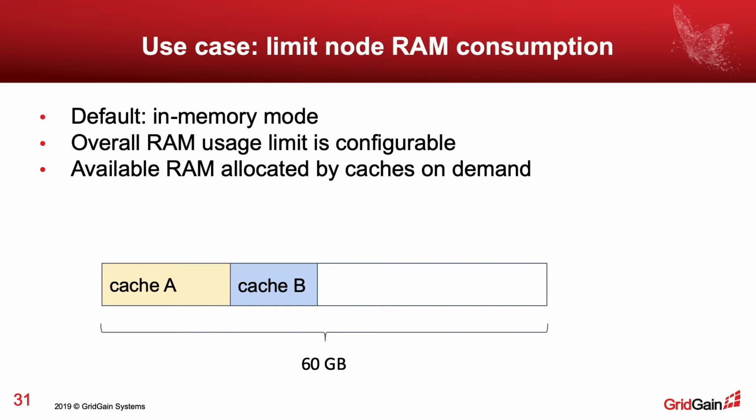And when you load your data into your Ignite node, depending on how much data in each cache you load, caches will allocate smaller chunks, smaller pages from this big chunk, and they will use it. So now you don't have control of how the memory will be distributed between caches, but you have control that overall memory usage won't exceed 60 gigabytes.